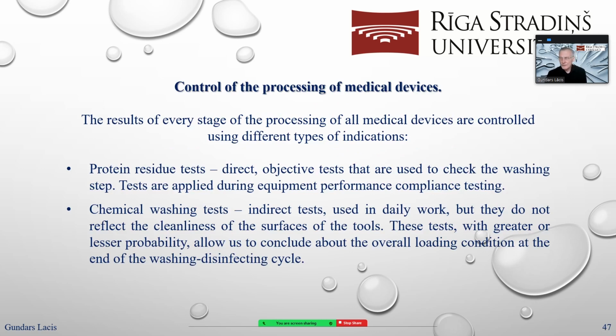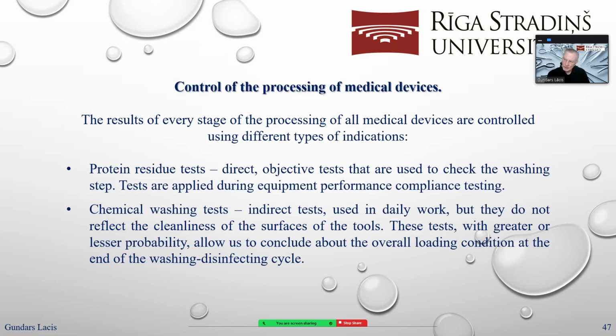Yes, we are using different types of indications. Different protein tests, chemical indicators, biological indicators, machine printouts, connections to the computers. Protein residue tests are direct and objective tests, but we are using them only while we are checking washer-disinfector machines.